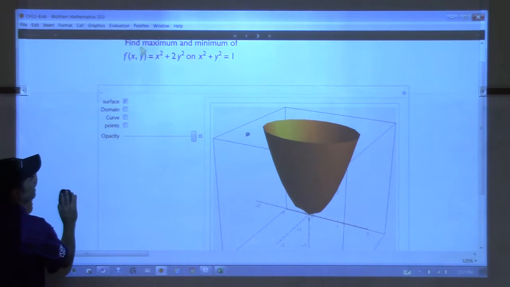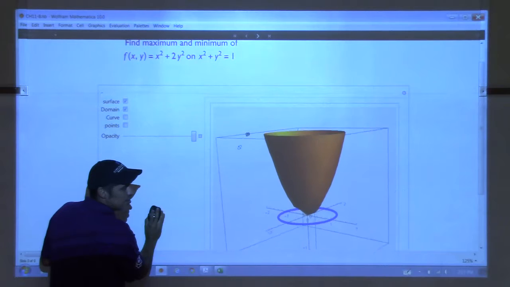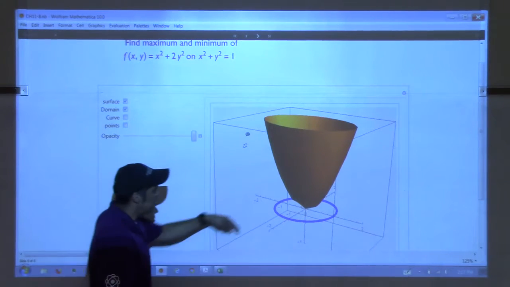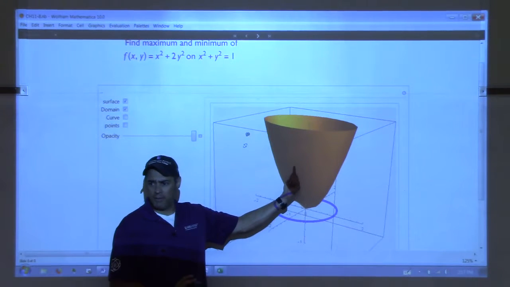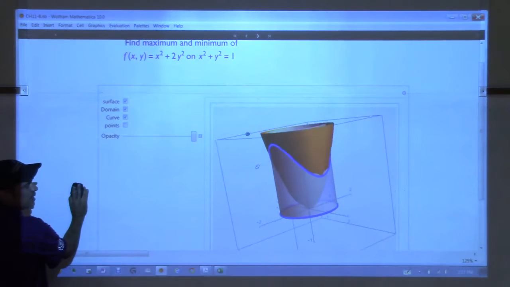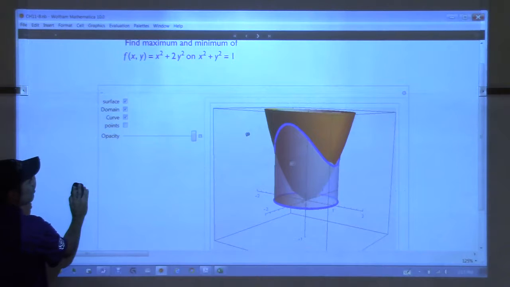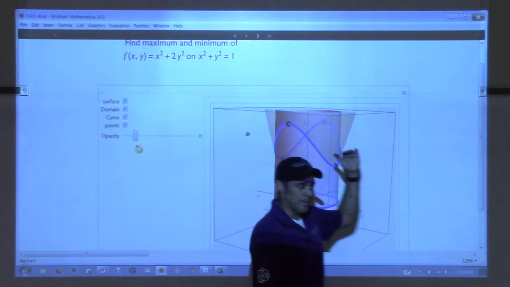So imagine that I say, okay, you're only allowed to take points in the xy plane that live on that little circle, all right? So this is your domain, and just those points are allowed to be pumped into the function. Then when we put those through the function, you're going to get some sort of curve that lives on that surface, right? And what we're trying to do here is we're trying to say, okay, with that curve up on that surface, what are the absolute maximum and minimum points?